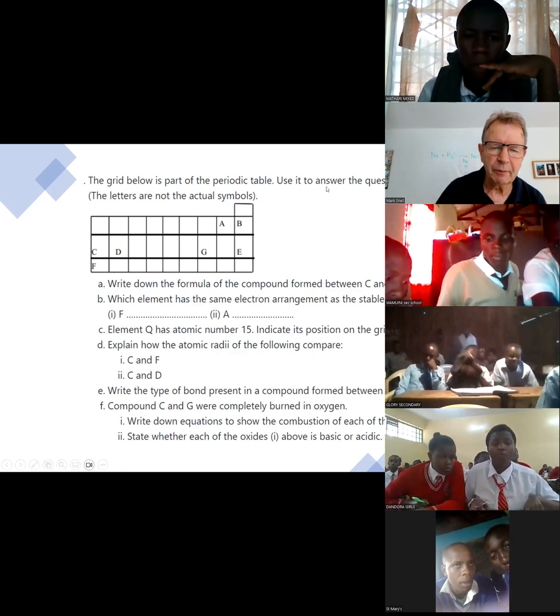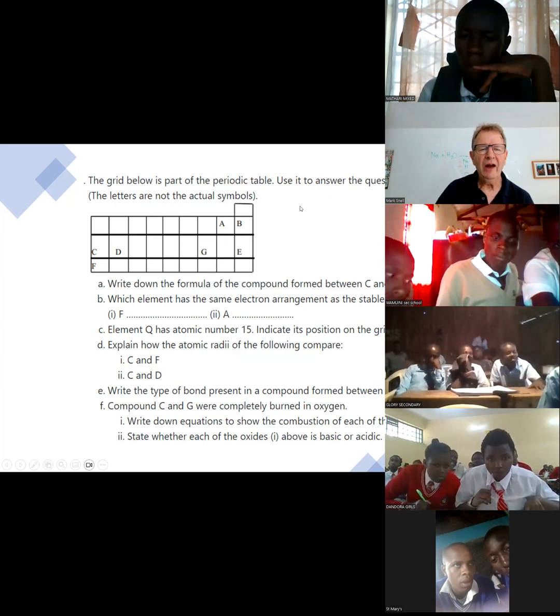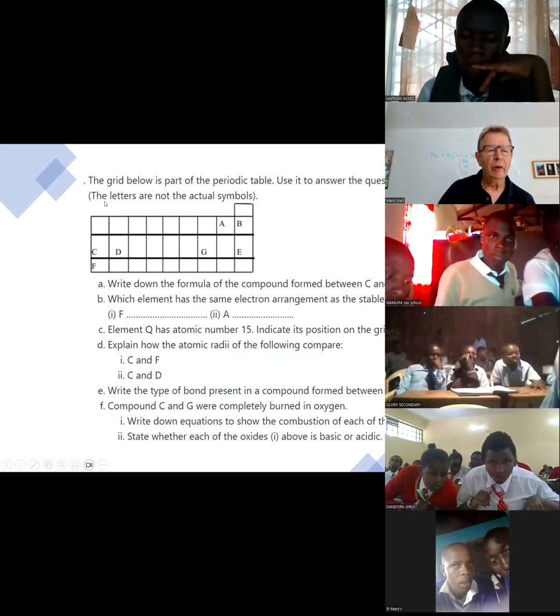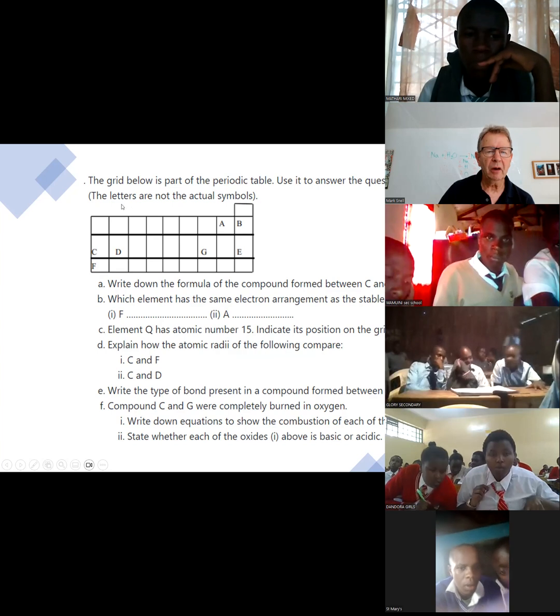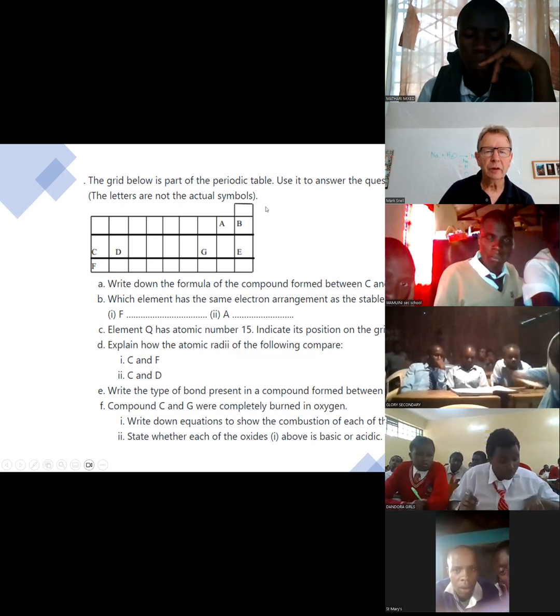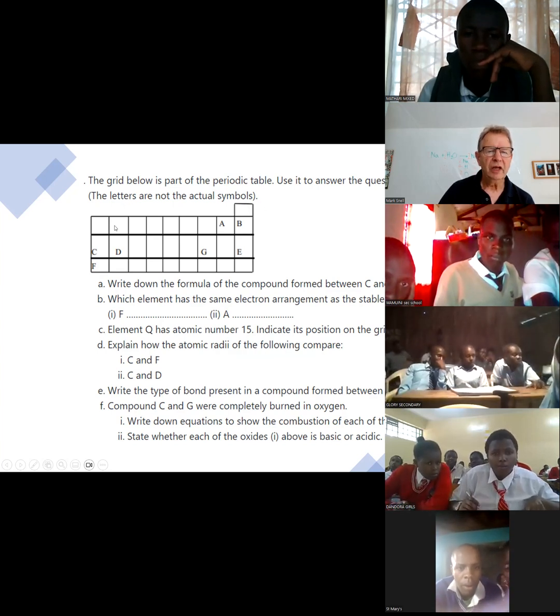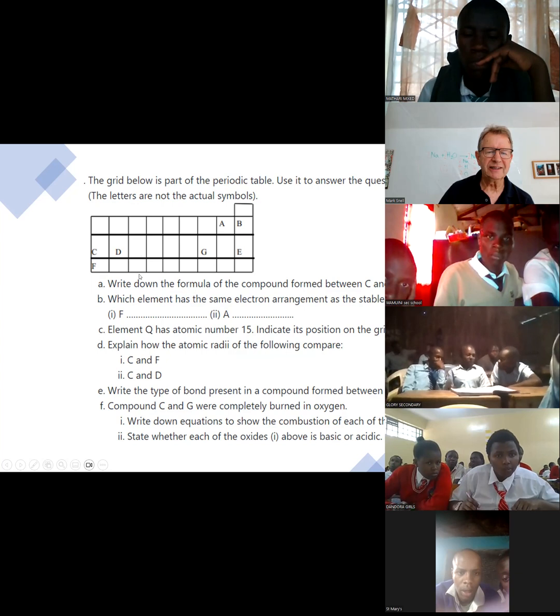Element Q is number 15. Where is it on the grid? Well, we have to remember that hydrogen is up here on its own. So that's 1, 2, 3, 4. Now, this is a bit naughty because this should be labeled as transition metals.